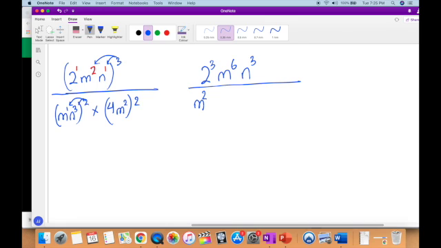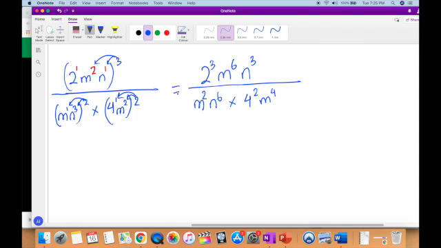And 2 times 3 is n to the 6. Multiply by, guess what? This 4 is to the power of 1. So 2 times 1 is 4 squared. And 2 times 2 is m to the power of 4.